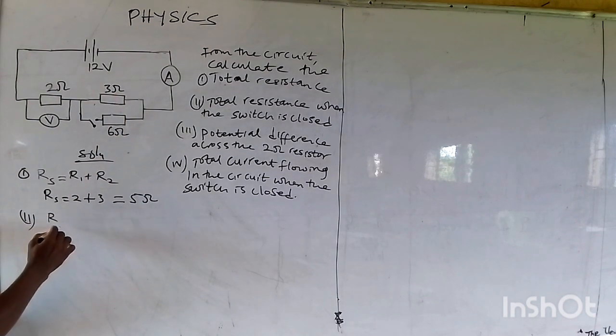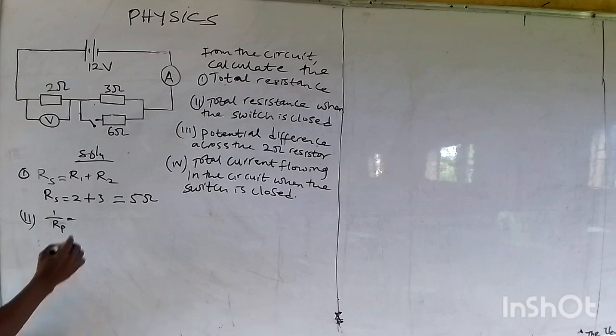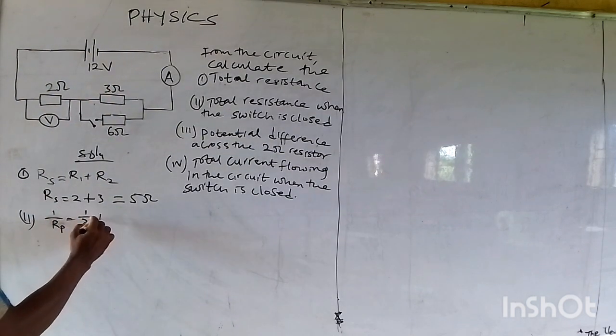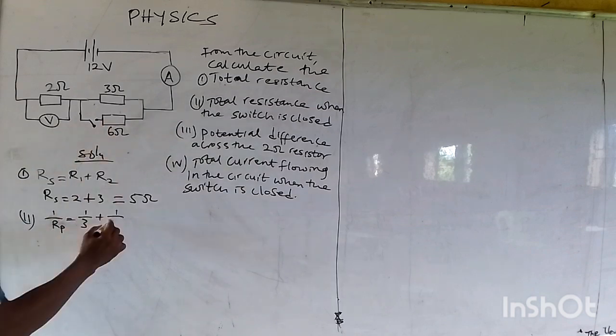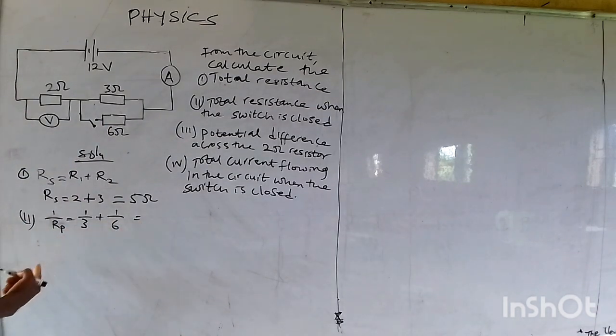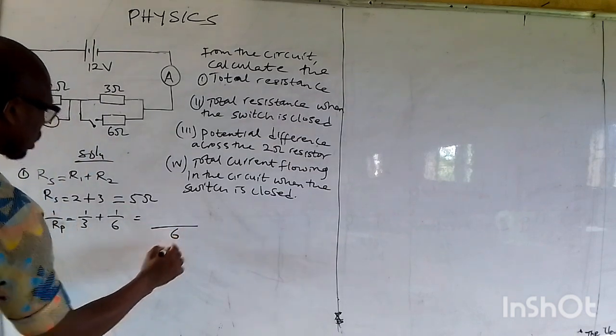The resistors in parallel give us 1 over Rp equals 1 over the first one plus 1 over the second one, 6. The LCM of 3 and 6 is 6.